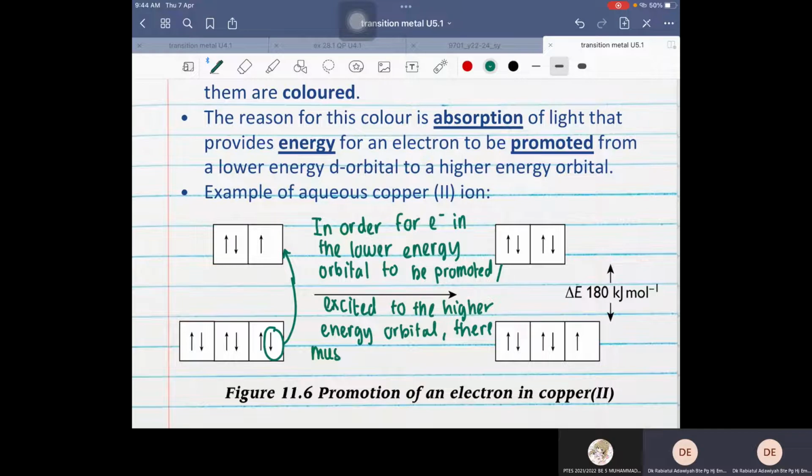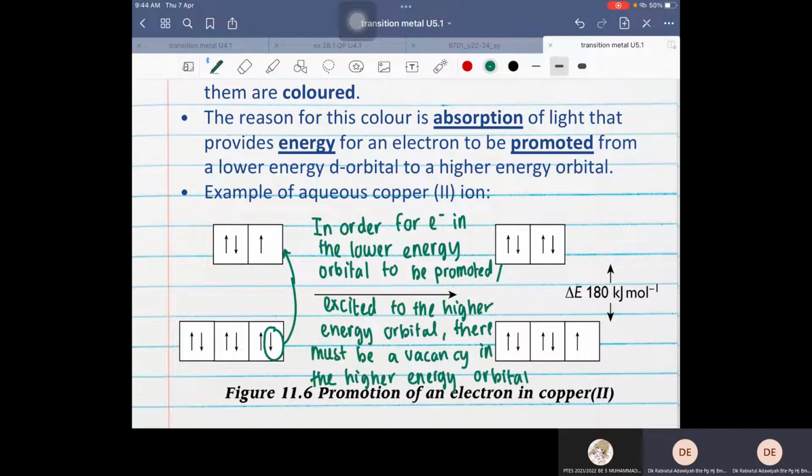There must be a vacancy in the higher energy orbital.